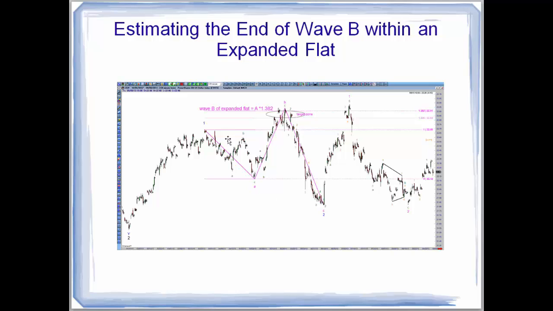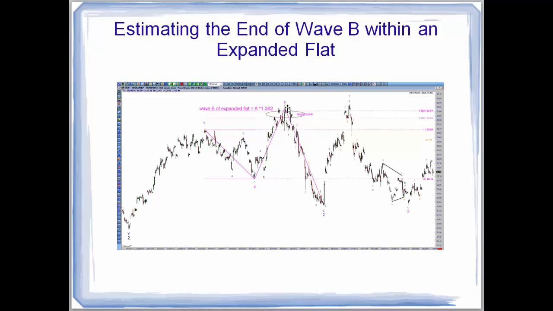In the above example, wave 1 was followed by a 3 wave correction that was more shallow than the typical 0.5 to 0.618. When that occurs, always draw a Fibonacci extension target where a possible wave B of an expanded flat might make a new price extreme before a deeper correction ensues.